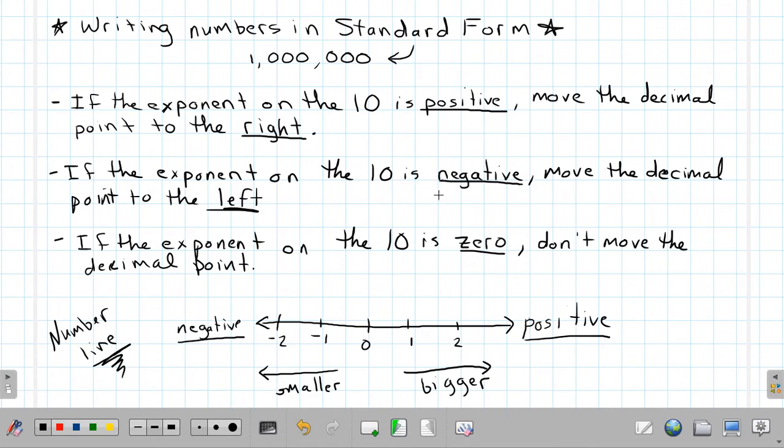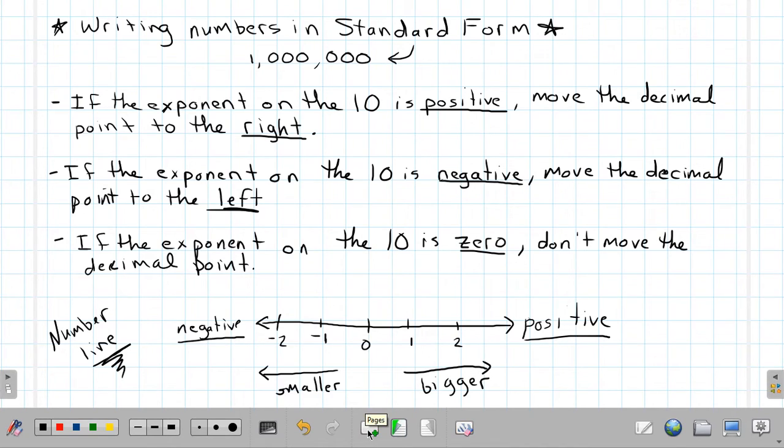At the same time, negative exponents are going to make the number smaller, so you need to move to the left to make the number smaller. This is the way that I've always thought about it since I was taught this in grade school: when you look at the number line, that tells you which way you need to move the decimal place. So let's now look at what I'm talking about here.